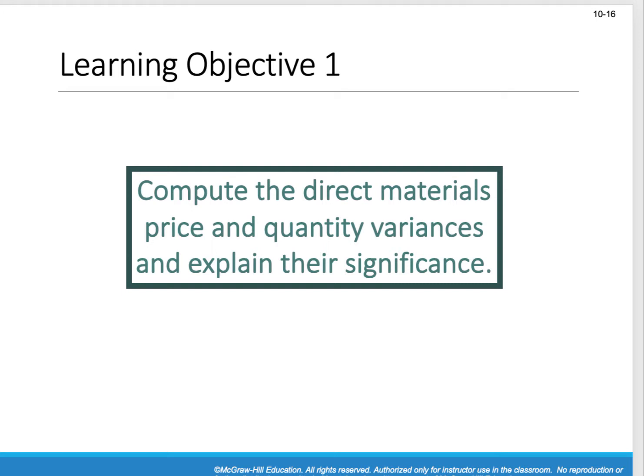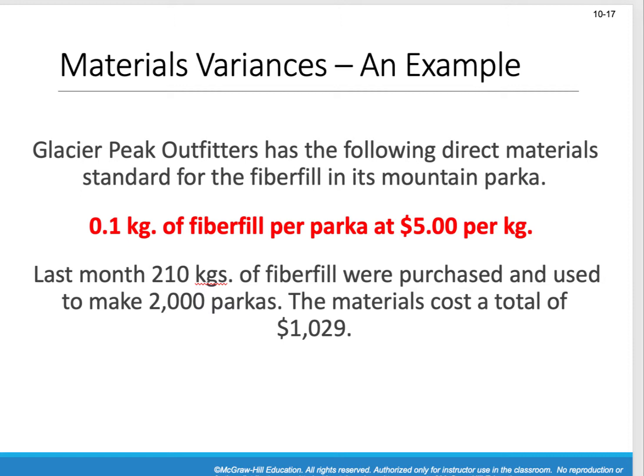Okay. So first we have an example, right? The example says that Glacier Peak Outfitters has the following direct material standard for the fiber fill in its mountain parka. So this right here is the standard. Here is the standard quantity, 0.1 kilograms, and here is the standard price, $5 per kilogram.